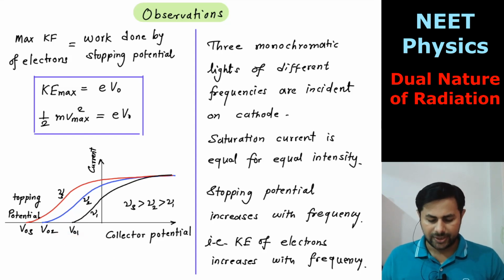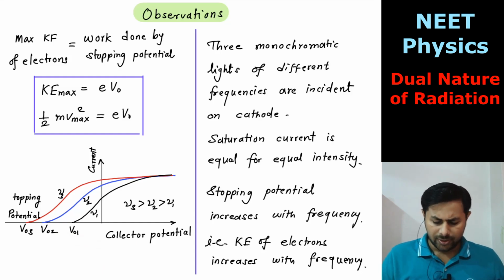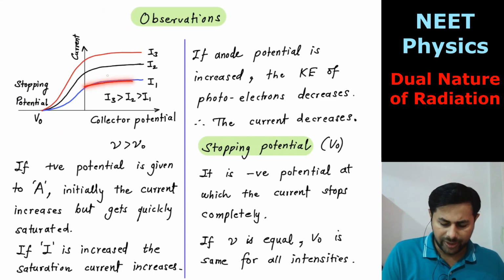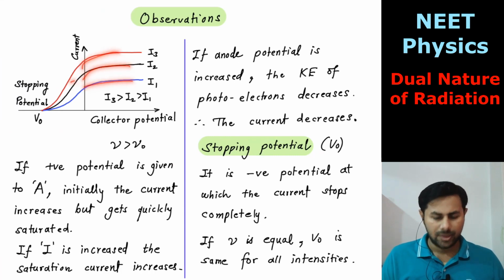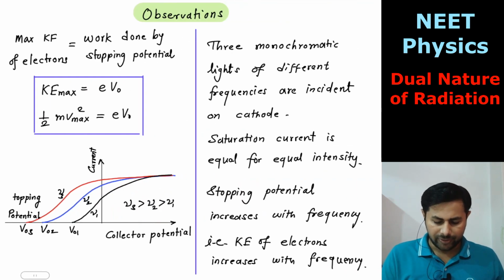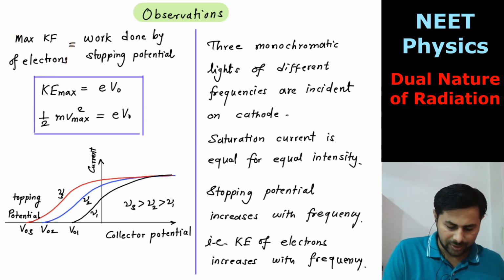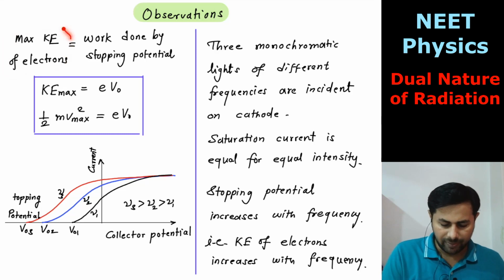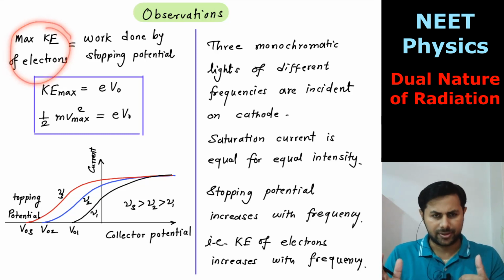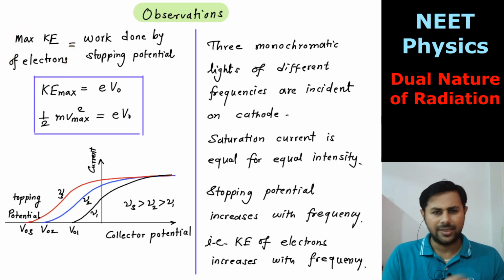So now let's understand what these observations imply. From this graph, what can we understand? The electrons will have some kinetic energy. The maximum kinetic energy of electrons, they will have slightly different kinetic energies.